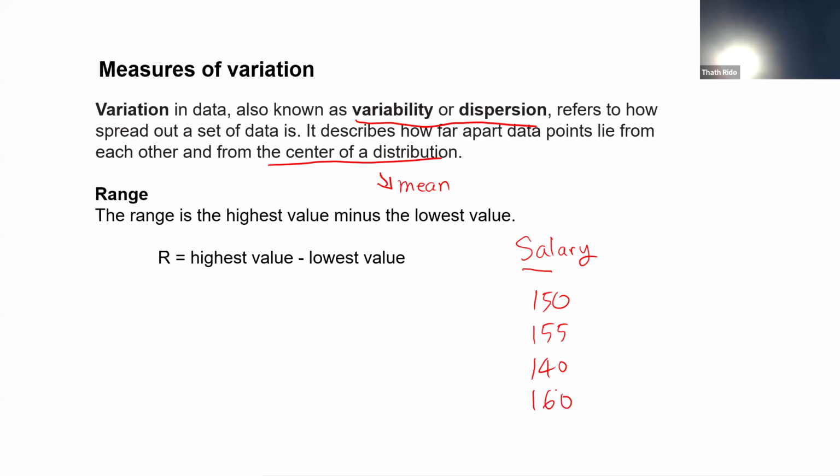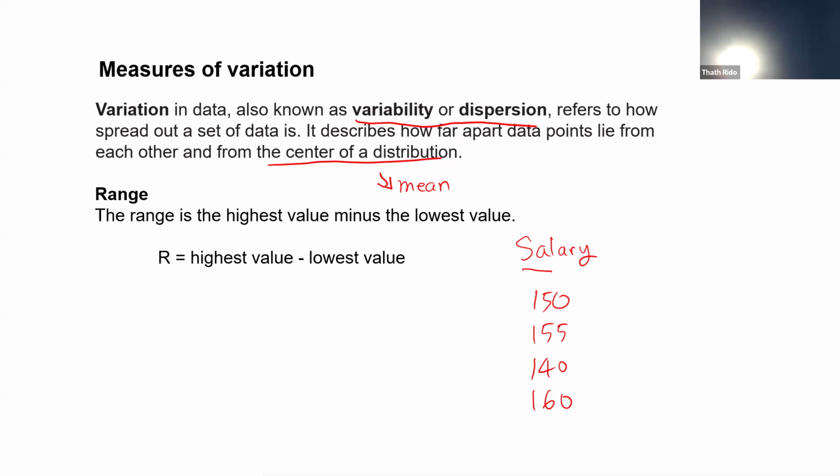You can see these numbers are very close to each other. It means that variation is very small. If you compute the range, just subtract 140 from 160. 160 minus 140, so it's only 20.